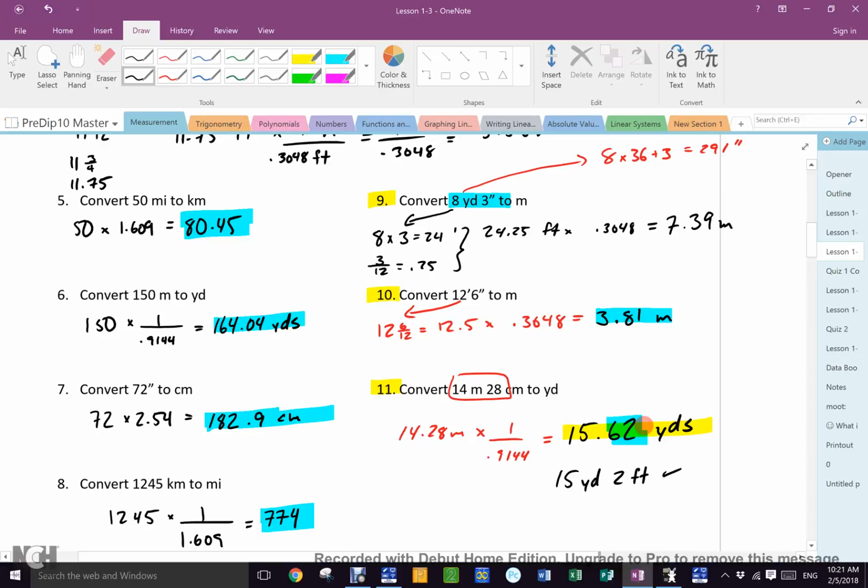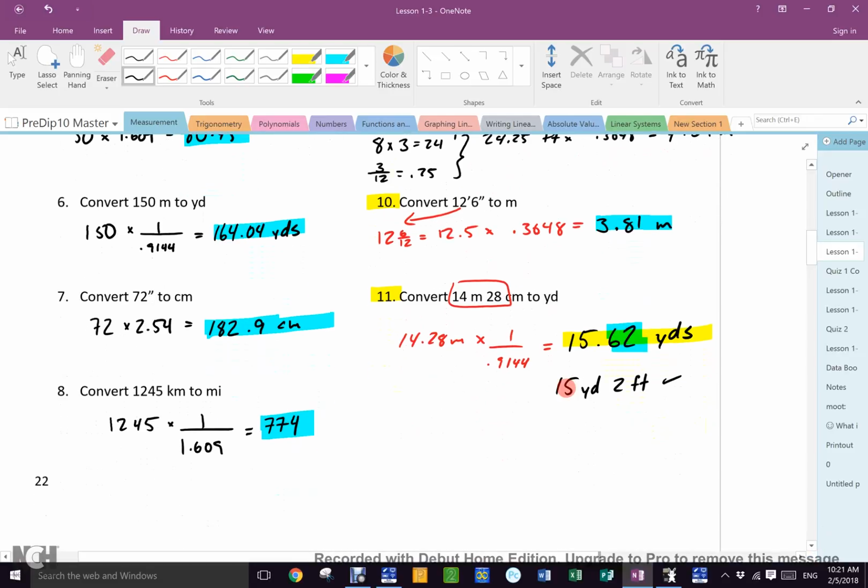Slightly better than that. Could I go even one better? Can I do something with that 0.62 to get me an even more accurate measurement than that? You could go 1 foot and the inches. I could go the 0.62 yards and convert it to feet, couldn't I? Which would be times 3, right?